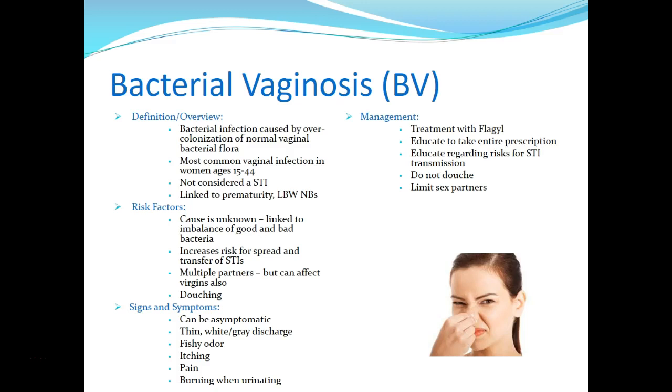It's most common in women between ages 15 to 44, which is a pretty good age range, and it's not really considered a sexually transmitted infection, but it can be linked to prematurity and low birth weight newborns in pregnant women. The cause really is unknown because it's just linked to an imbalance of good and bad bacteria, and oftentimes you can't pinpoint what causes that imbalance.